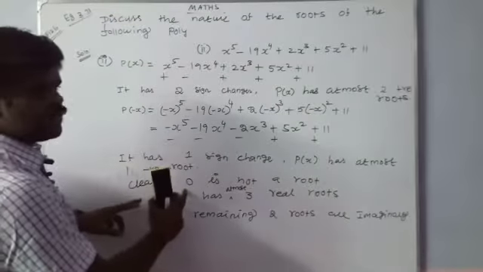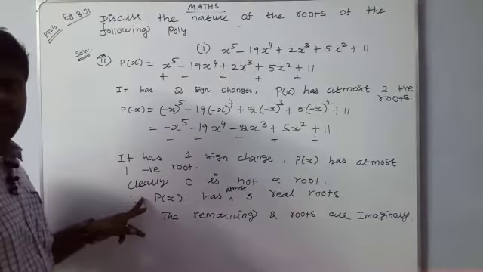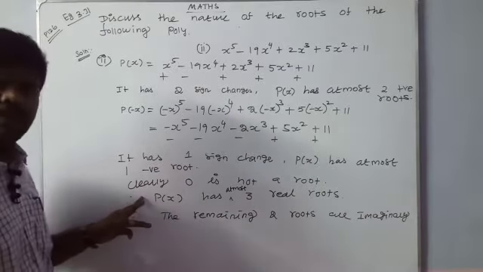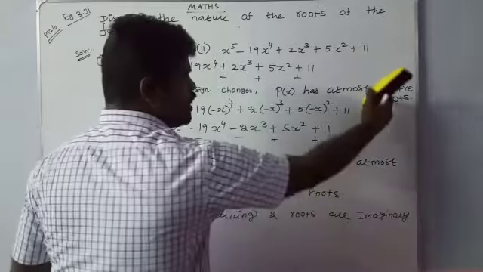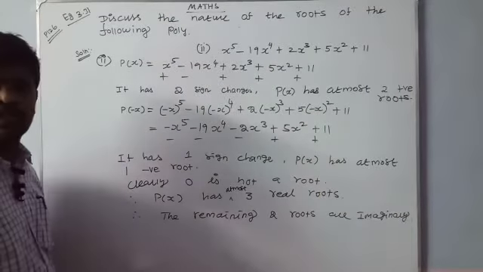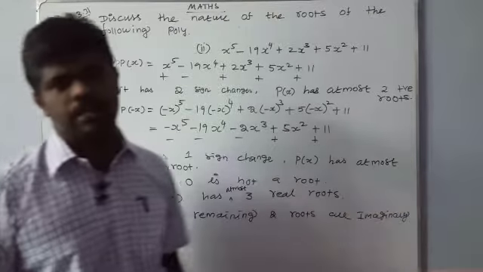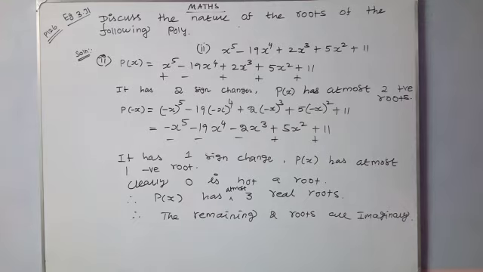Clearly 0 is not a root, because 11 is the constant term. If a polynomial has a constant term, 0 is not a root. So p of x has at most 3 real roots in total, 2 positive and 1 negative. The remaining 2 roots are imaginary. Okay, right. Refer to the sum and we go to another one.